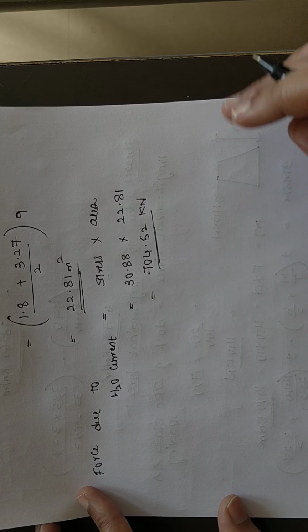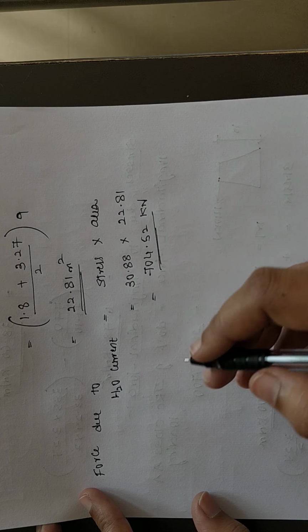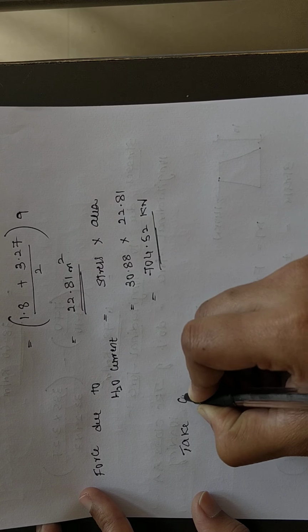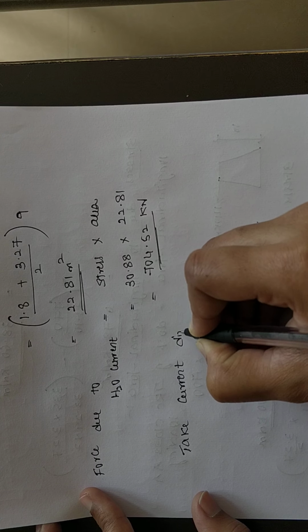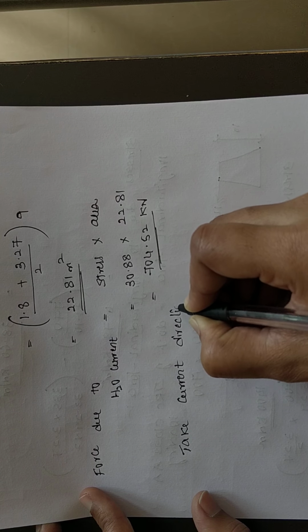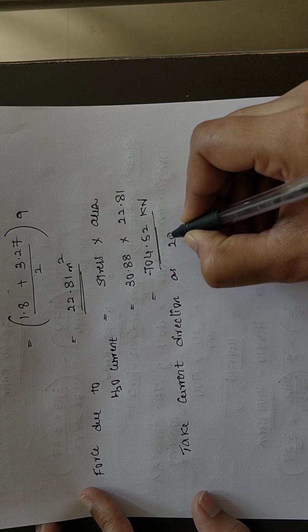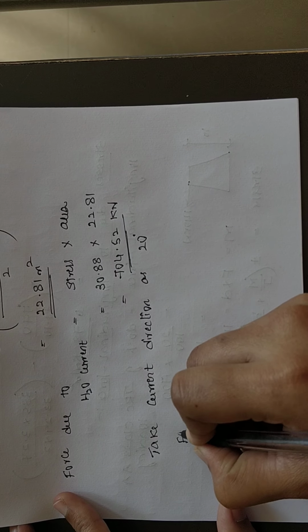For the worst case, you need to consider the current direction as 20 degree. Then calculate the force perpendicular to the pier.